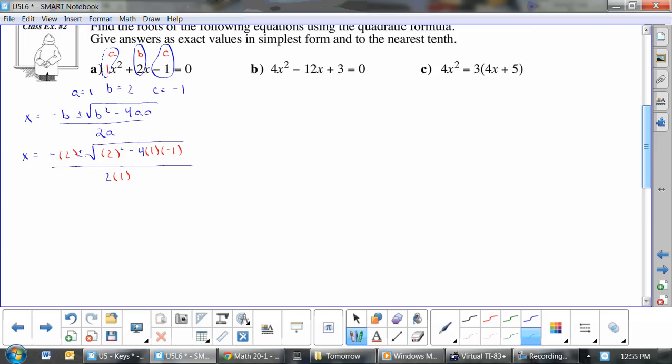So we'll go, okay, x is equal to negative 2 plus or minus. And then can someone put up their hand and tell me what belongs underneath that radical sign?